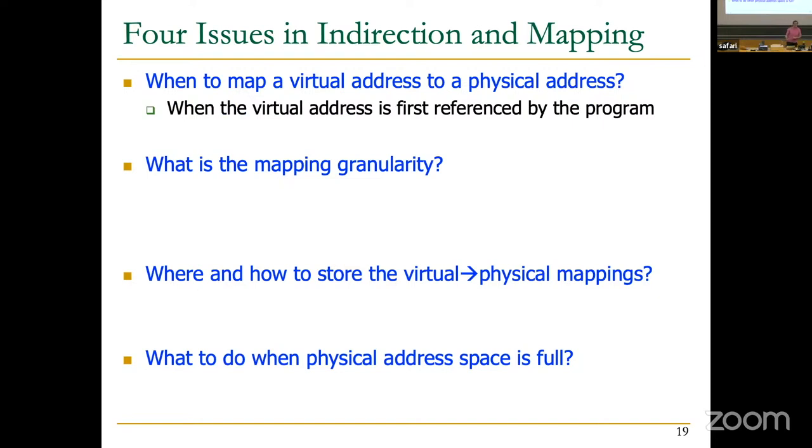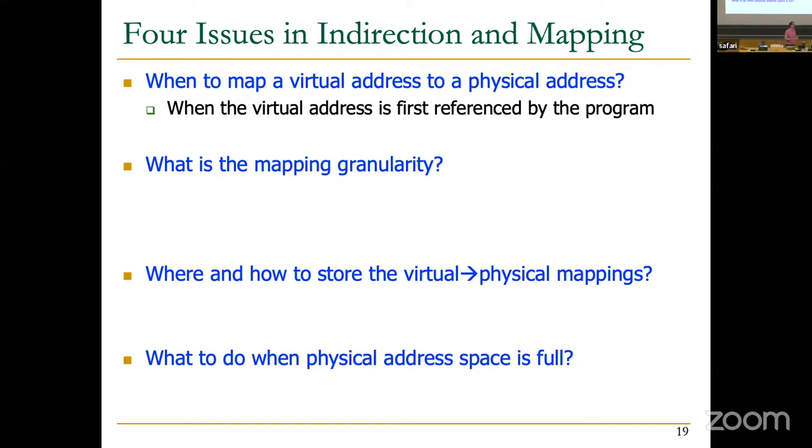Essentially, when the virtual address is first referenced by the program, nothing has to be in physical memory. Well, the code hopefully is, that you're executing, but even the code, right? You have a program counter. The program counter is a virtual address. You go through this translation mechanism and get a page fault, and the code gets brought from the disk into the physical memory after that page fault. And then you can reference that program counter in physical memory, right?